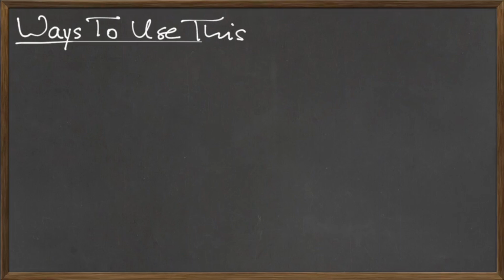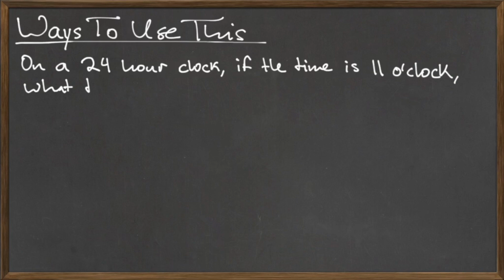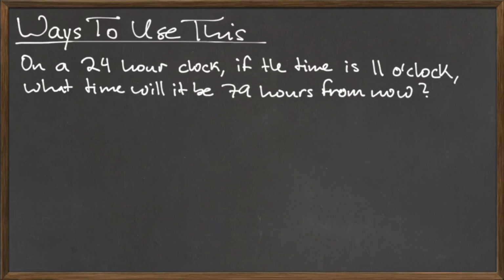We can use the repeating nature of the mod in order to solve word problems as well. For example, consider the following problem. On a 24-hour clock, if the time is currently 11 o'clock, what time will it be 79 hours from now? To solve this problem, we need to set up a mod expression and then simplify that expression to get to a singular answer.